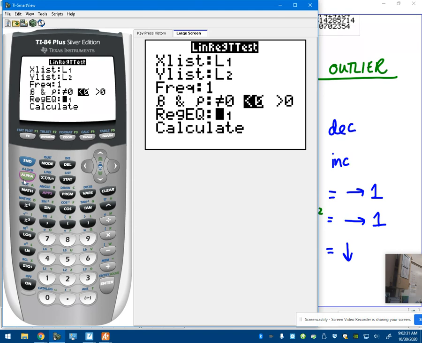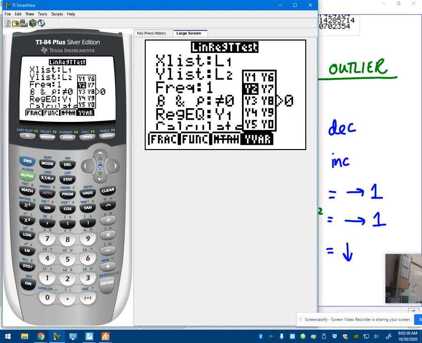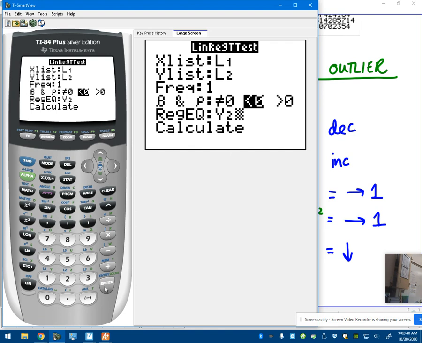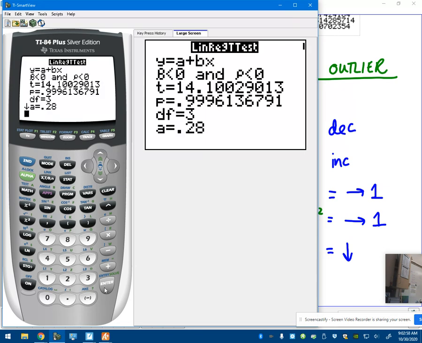Hit the green alpha button and trace is the very top, second one in from the right. Choose Y2. Hit enter. Go down and hit calculate. Everybody get that? Anybody at home need to see that again? Where's Trace? Trace is the second one on the right, like that. Way at the top. Hit calculate.